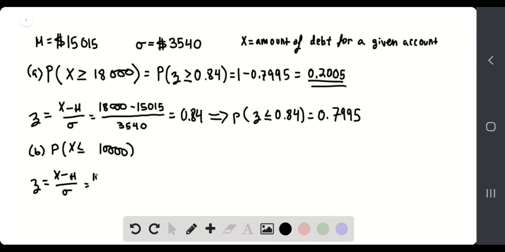It's going to be 10,000 minus 15,015 all over 3,540. Plug that into a calculator and you will get that this is a z-score of negative 1.42.